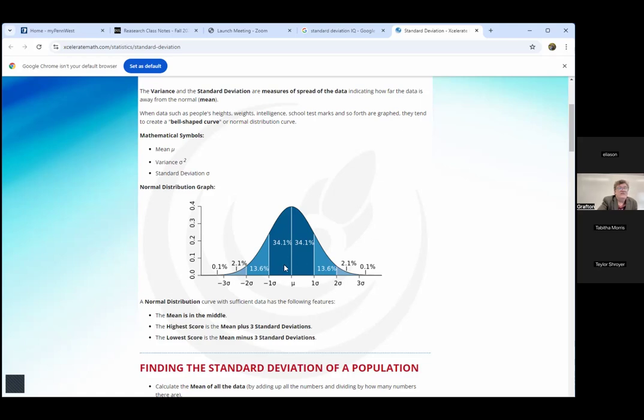So if they score lower one standard deviation, 34.1% fall within one standard deviation lower than 100 on the IQ. If you add these two together, you'll have 68.2% of the population within plus or minus one standard deviation. That's a large percentage of the population within one standard deviation.